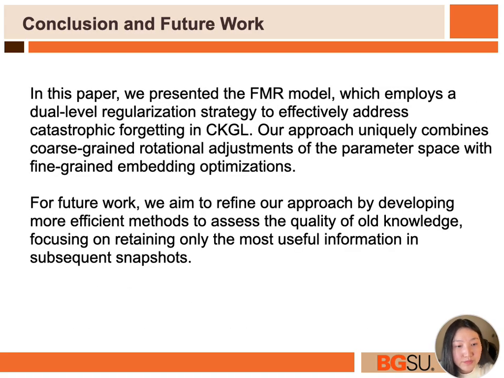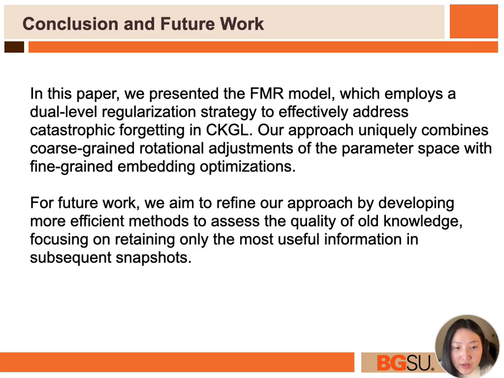In this paper, we present the FMR model, which employs a dual-level regularization strategy to effectively address catastrophic forgetting in continual knowledge graph learning. Our approach uniquely combines the coarse-grained rotational adjustment of the parameter space with fine-grained embedding optimization.